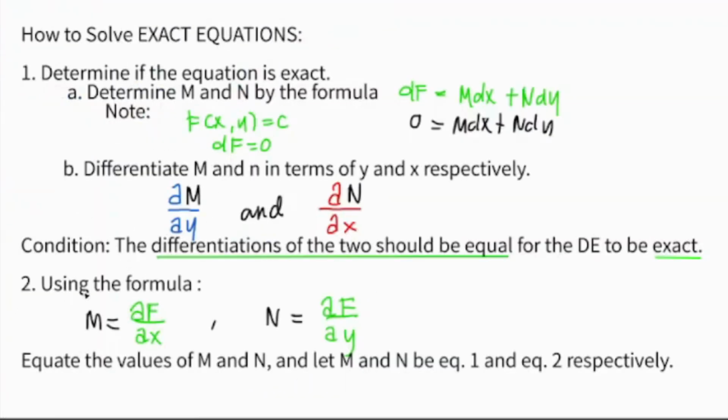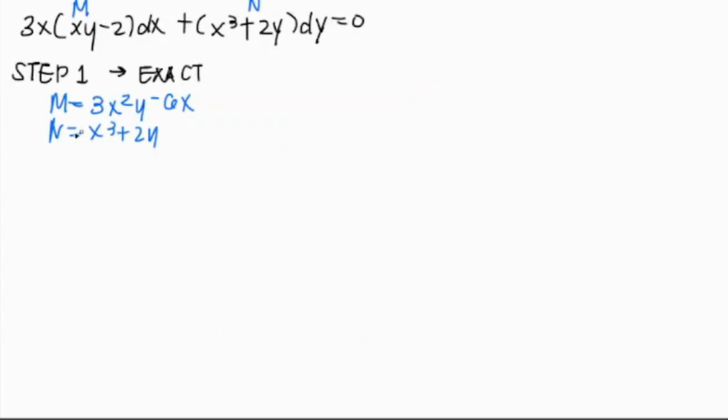Next step is using the formula M is equal to df over dx, N is equal to df over dy. Equate the values of M and N, let M and N be equation 1 and 2 respectively. So, df over dx is equal to M daw, so palitan natin, M is 3x squared y minus 6x.